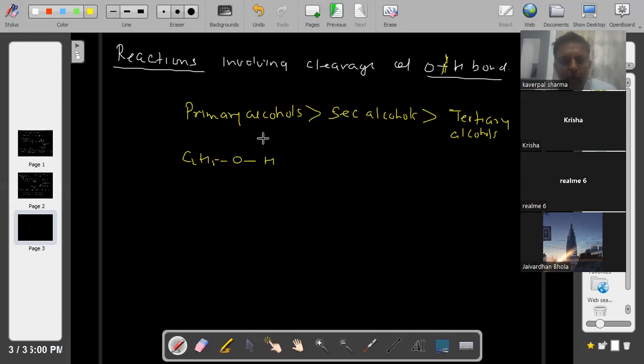C2H5OH. Here this bond will break faster. That is fastest, the break of the OH bond.